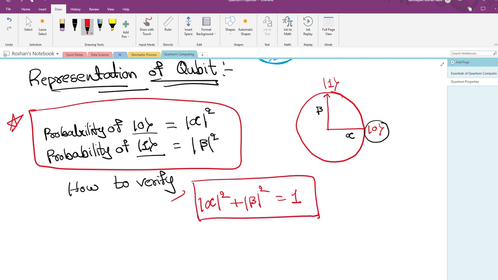Why? In probability, we know the probability will be in the range of 0 to 1. So if alpha square plus beta square is equal to 1, then only the probabilities of getting state 0 and state 1 are correct. If the probabilities of the ground state and excited state don't satisfy this condition, then there is an error in your quantum state.